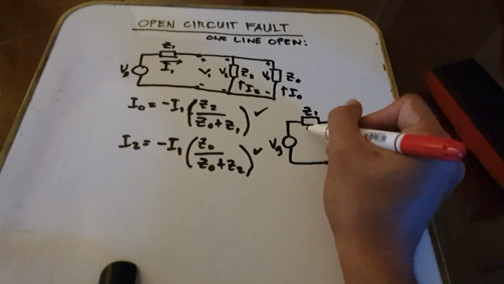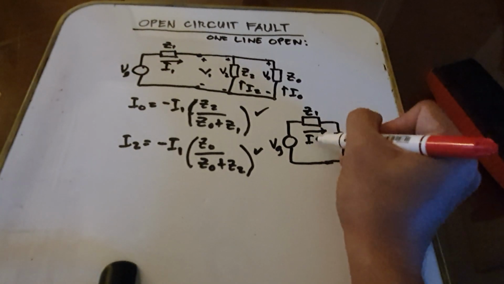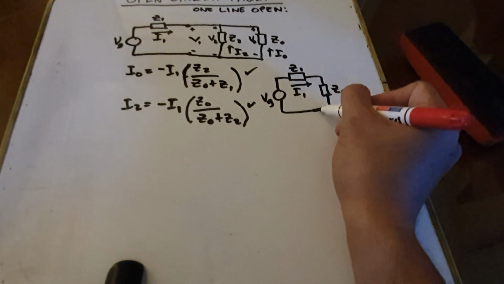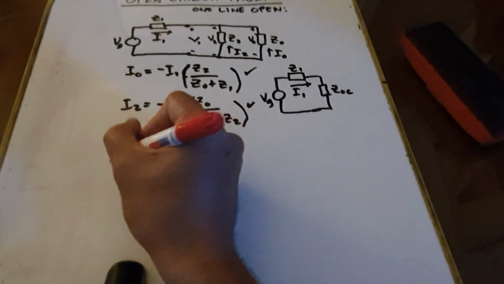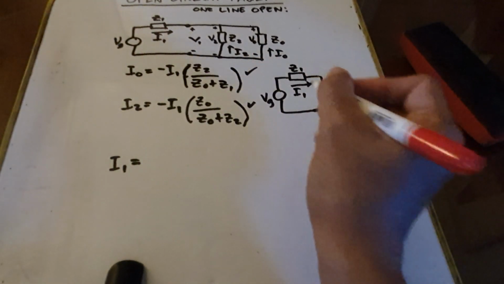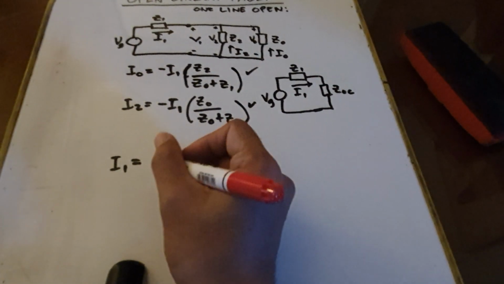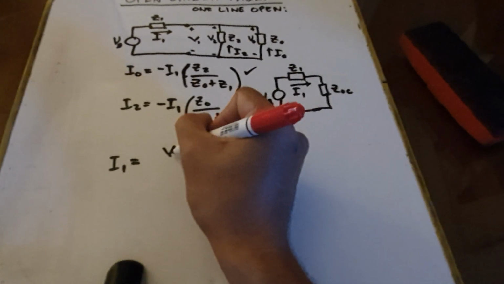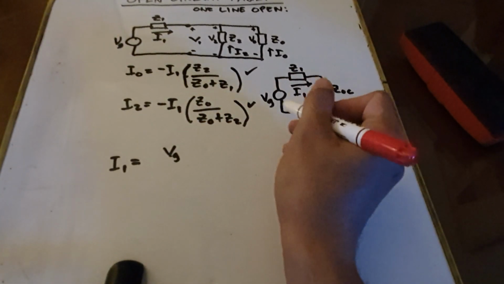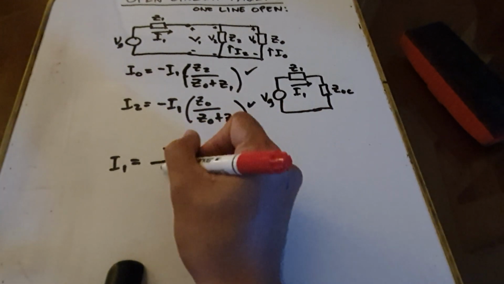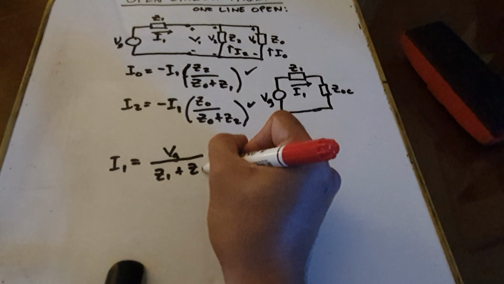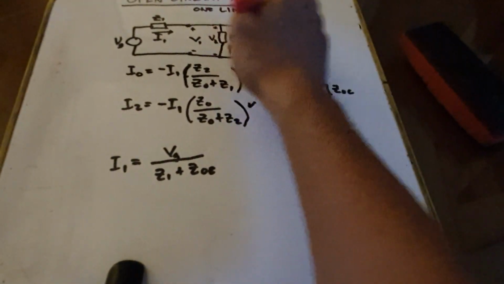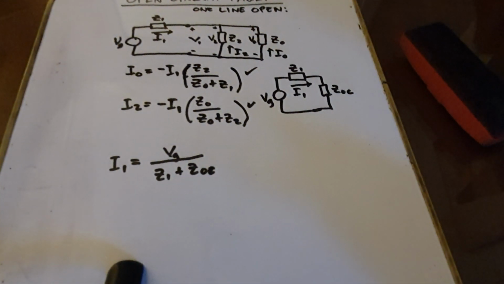So therefore the I1 now will become, by Ohm's law in this diagram, I1 is equal to the voltage source, let's say this is VG, over Z1 plus ZOC, where ZOC is the equivalent parallel impedance between the negative and the zero sequence impedances.